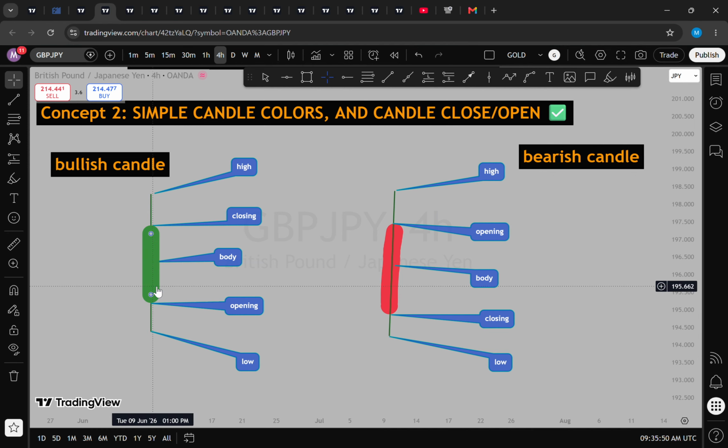If you have your chart on the 15 minute, 5 minute, 30 minute or 1 hour time frame, it simply means that this single candle printed for 5 minutes or 30 minutes from this low to this high.